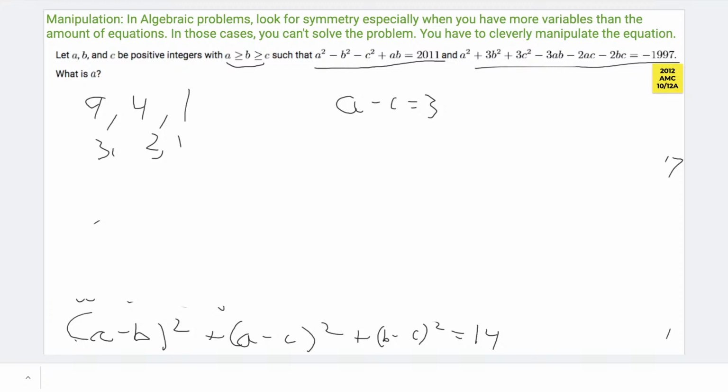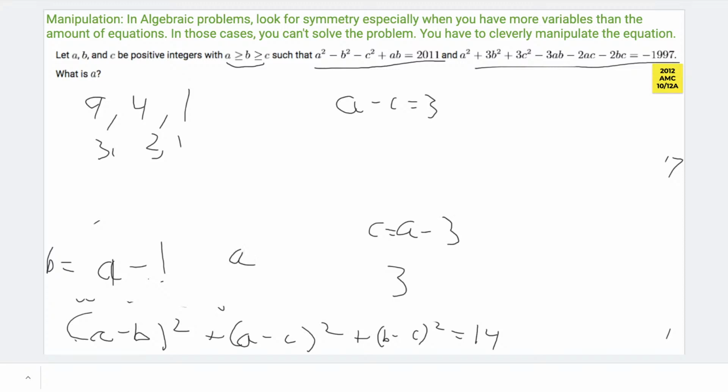If you solve for this, you get that b equals a minus 1, in terms of a. And if you do the same thing over here, you get c equals a minus 3 because of this thing, you see? And for the a term, you just leave a alone.